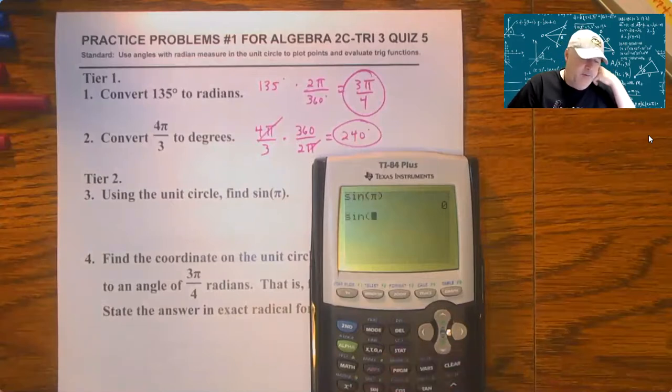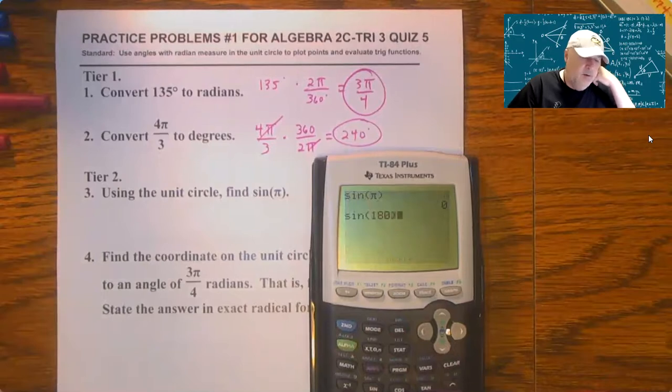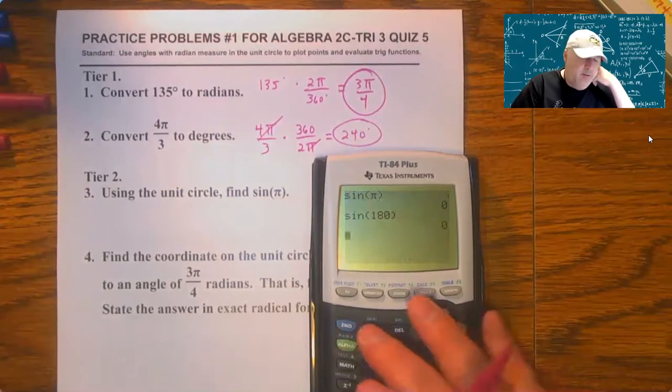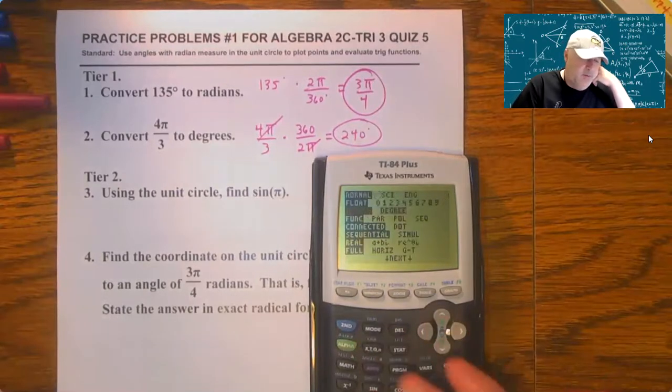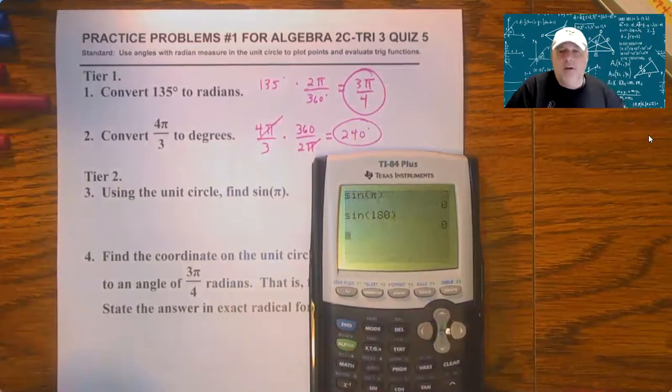That's the same as saying sine of 180 when you are in degree mode. Oops, it is the same thing. 0. So we're going to go back to radians mode because most of what we're doing is radians mode.